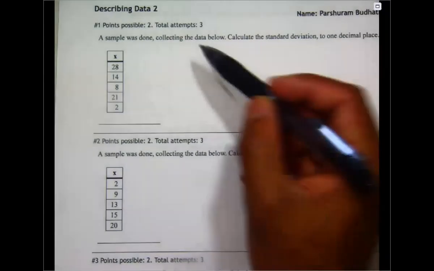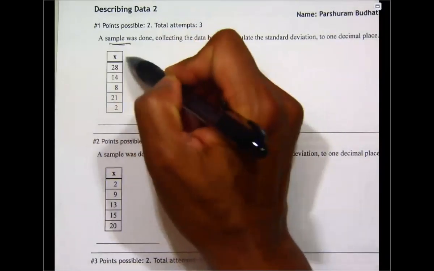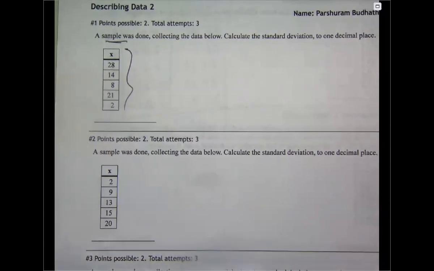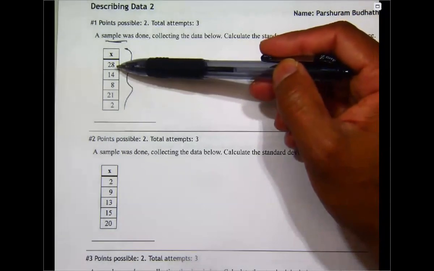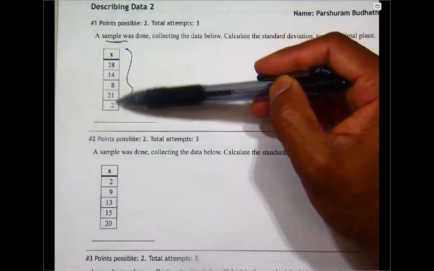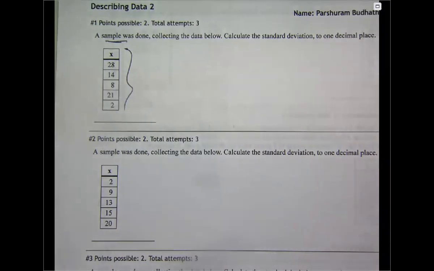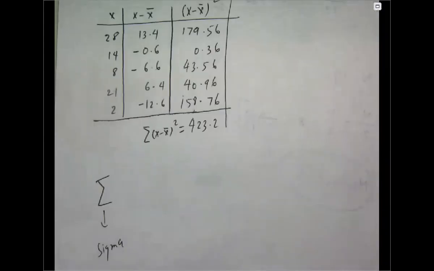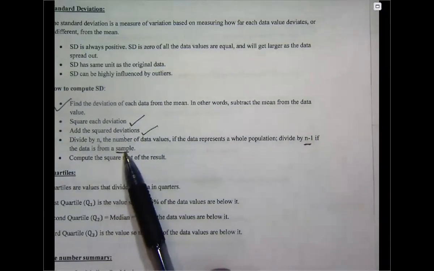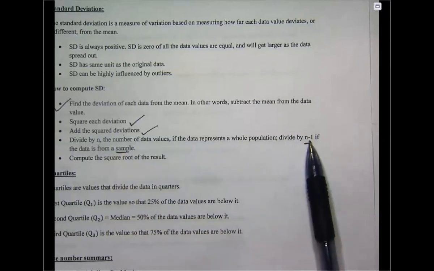So this is for a sample. Make sense? What is the value of n? N means total number of data. 1, 2, 3, 4, 5. So the value of n is 5. But if it's a sample, you have to divide by n minus 1, which is 4.